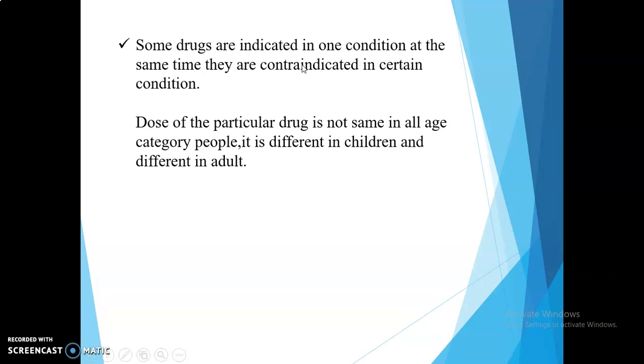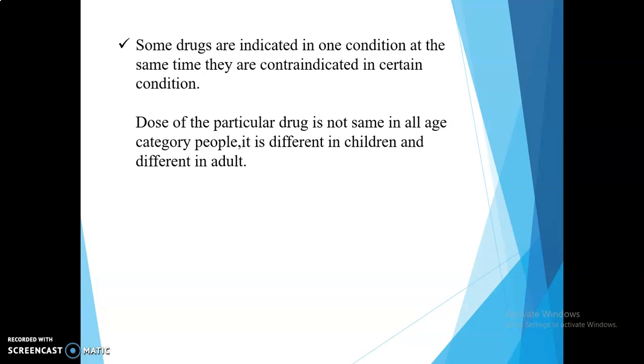Some drugs are indicated in one condition and at the same time they are contraindicated in certain conditions. The dose of a particular drug is not the same in all categories of people. It is different in children and different in adults. So why do such variations take place?